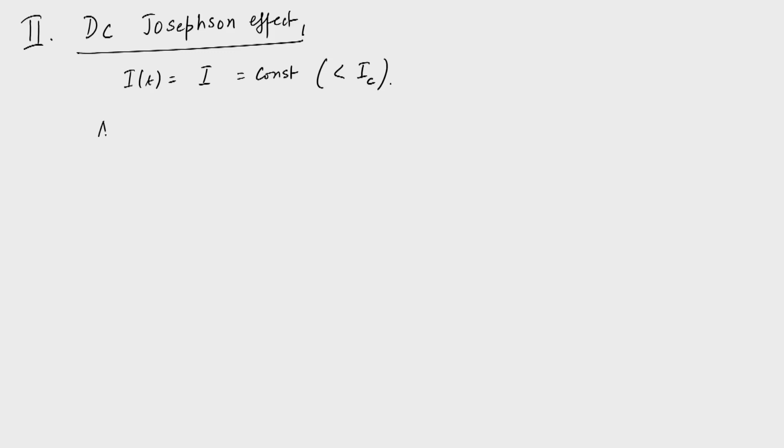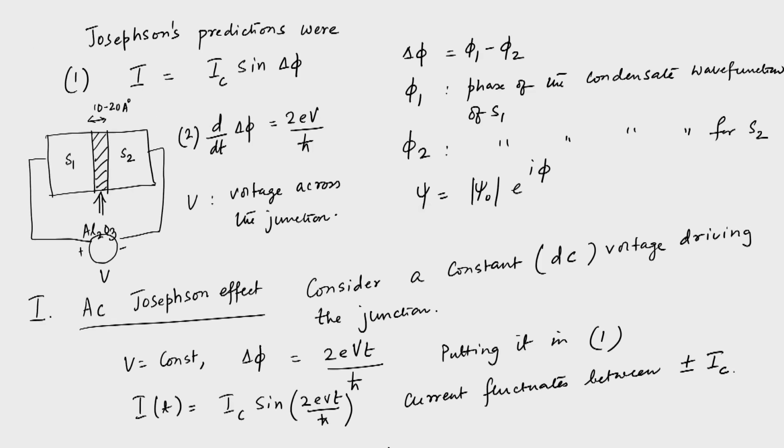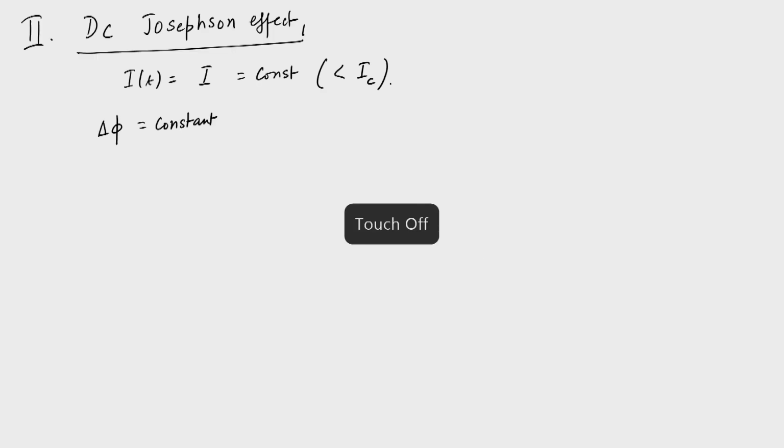In that case, your delta phi is equal to constant, as we see from equation 2. If delta phi has to be constant, then the second equation gives that V has to be equal to 0, which means that the bias voltage is equal to 0. So, delta phi is equal to sine inverse of I by I c.